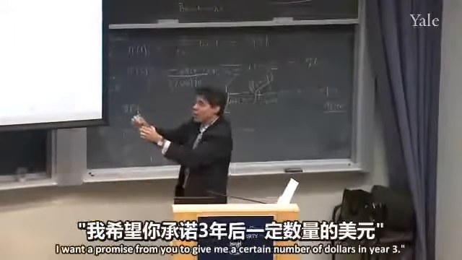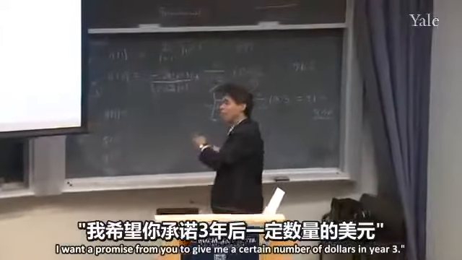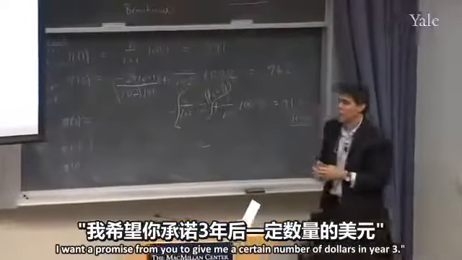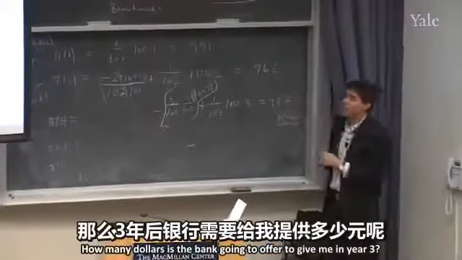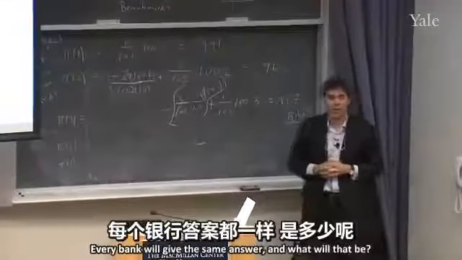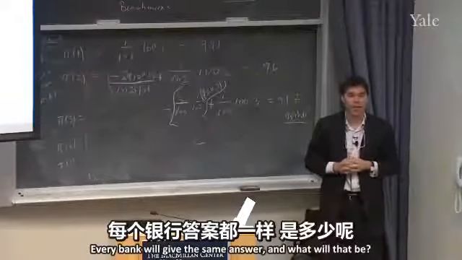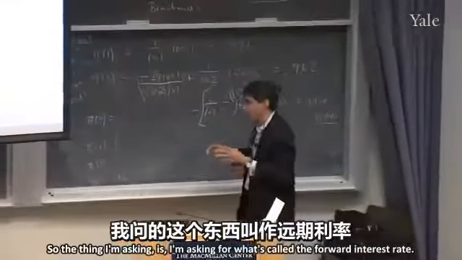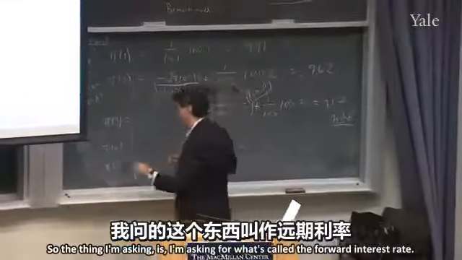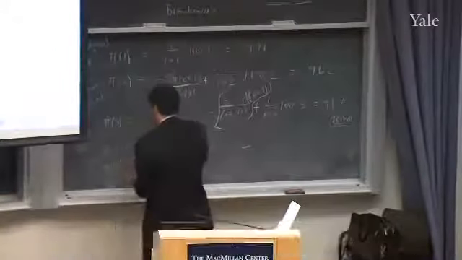And in exchange, I want a promise from you to give me a certain number of dollars in year 3. How many dollars is the bank going to offer me in year 3? Every bank will give the same answer, and what will that answer be? What I'm asking for is called the forward interest rate.